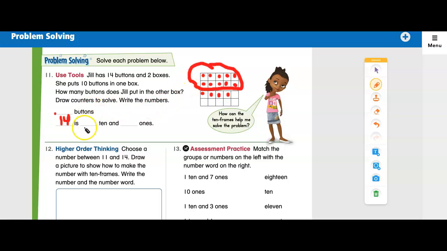You will write that answer in the first blank. Then, how many 1s did we use to make the number 14? You will write your answer in the second blank. You can pause the video at any time if I'm going too fast.